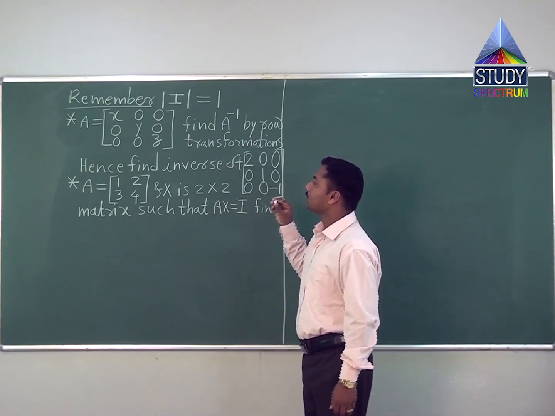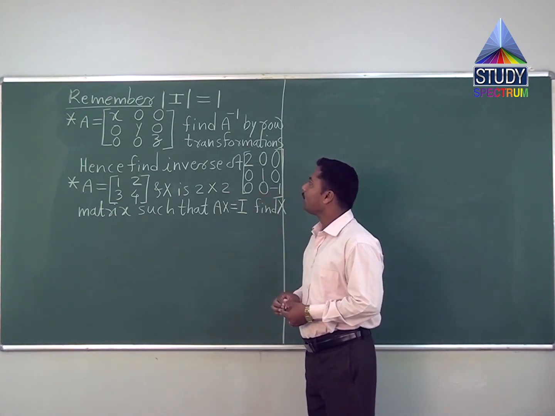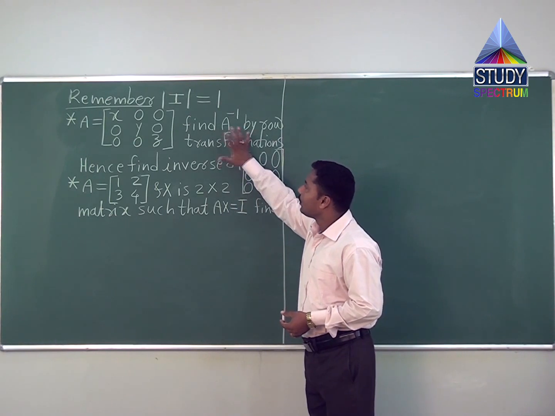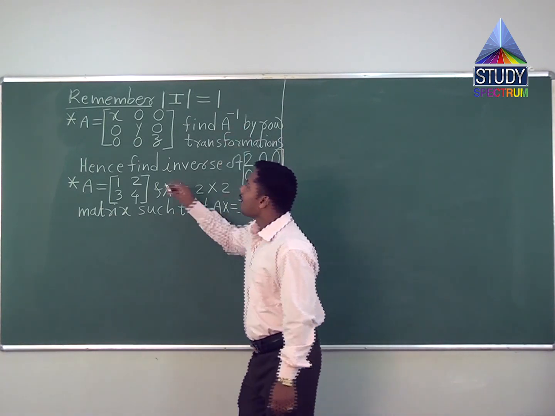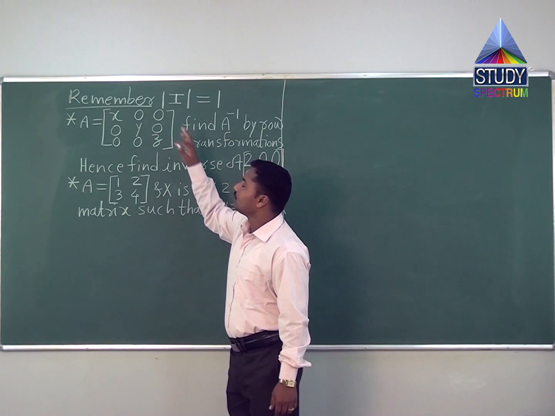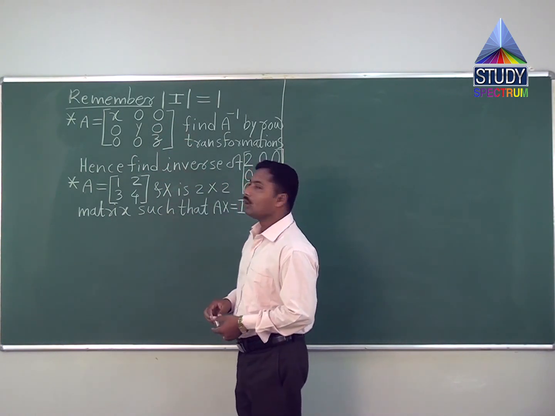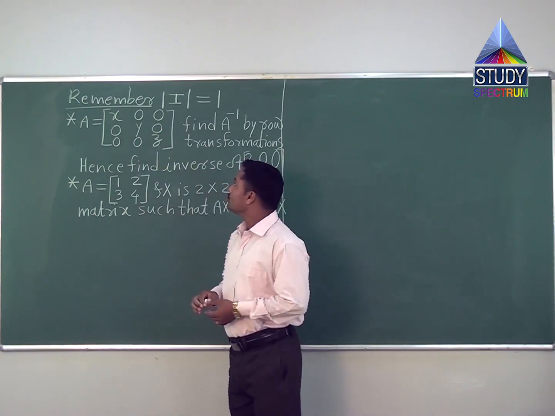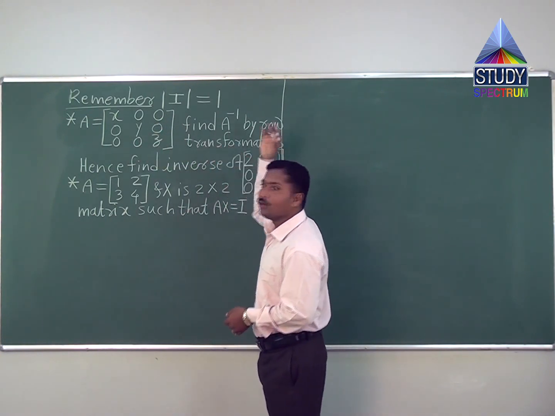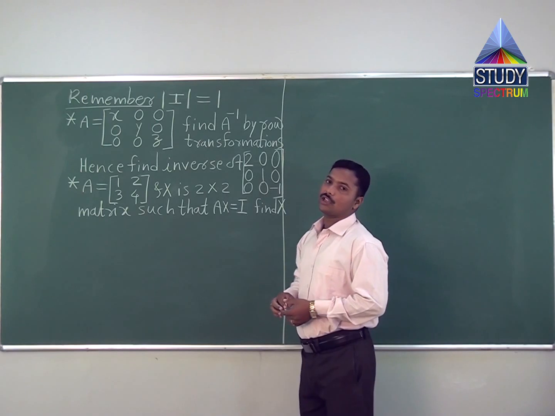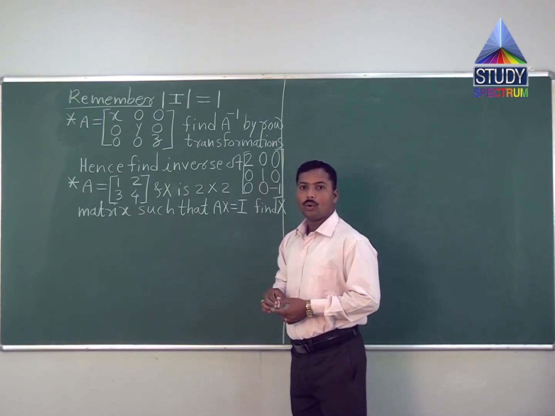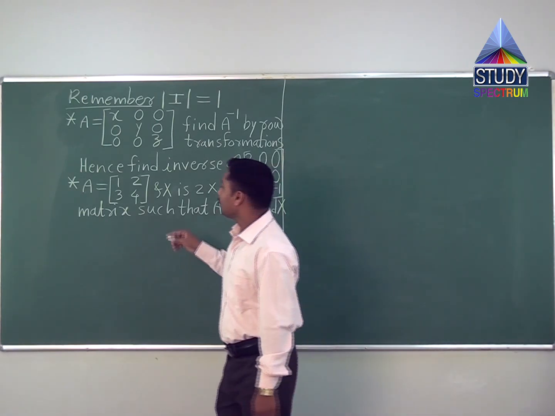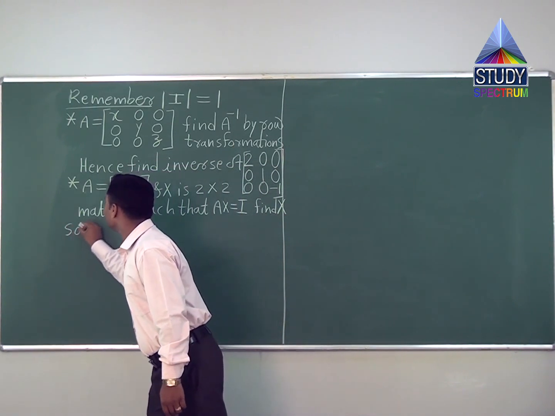So we discuss a very interesting problem. A equals this given diagonal matrix x, y, z, remaining numbers are 0. Find A inverse by row transformations. So we start the solution.